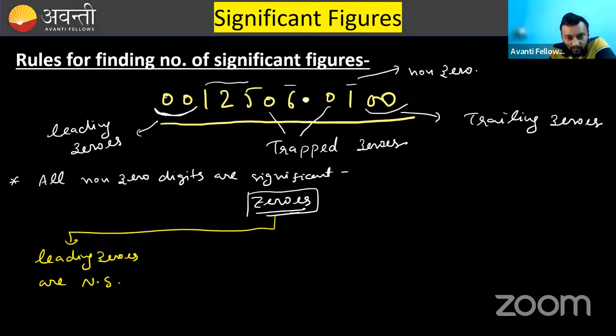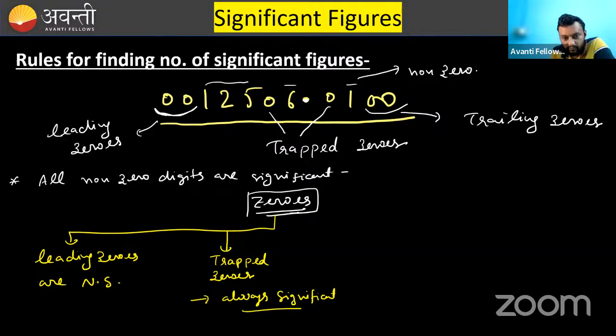Next is trapped zeros. They are always significant. Remember these lines. Two points are clear. Leading zeros, non-significant. Trapped zeros, significant.